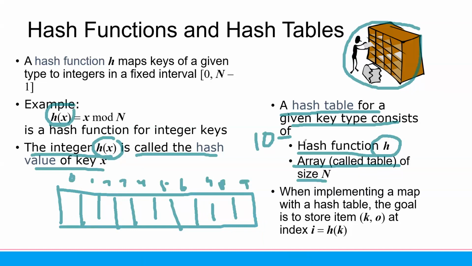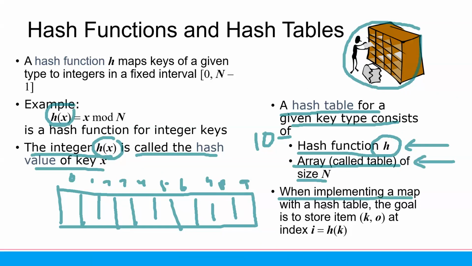Okay, that's the meaning of the hash table. So in the hash table, there will be two things. The first is the hash function, and the other is the array with size n.